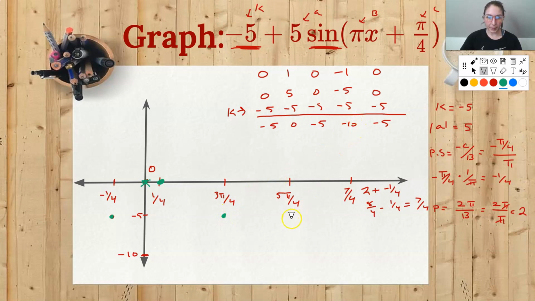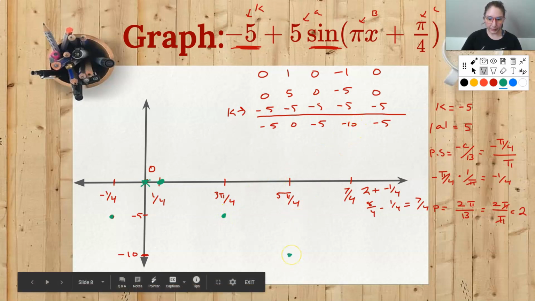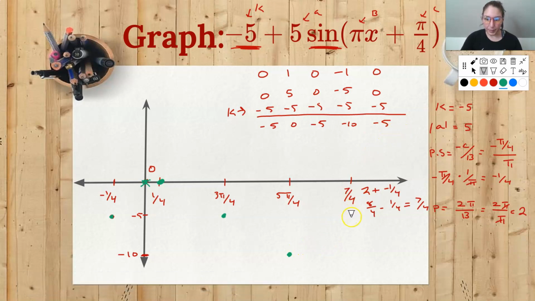Fourth point, y value of negative 10. And then fifth point, y value of negative 5. So I start down, come up. Wow, that's probably one of the best ones I've drawn so far. So here is the graph of negative 5 plus 5 sine of pi x plus pi over 4.